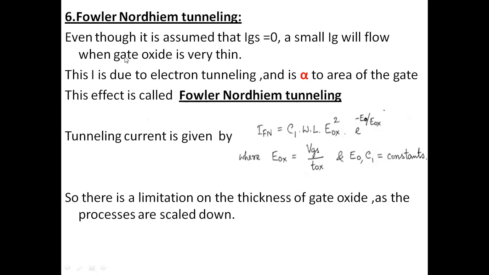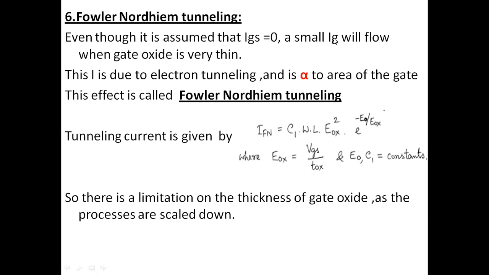The concept is that even though it is assumed that IG is equal to 0, a small IG will flow when the gate oxide is very thin. Even though a very thin layer of SiO2 is there, which acts as an insulator, we still have a very small flow of current.